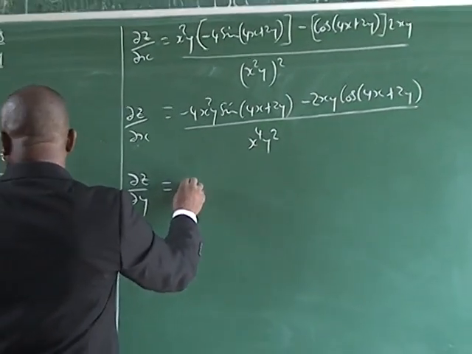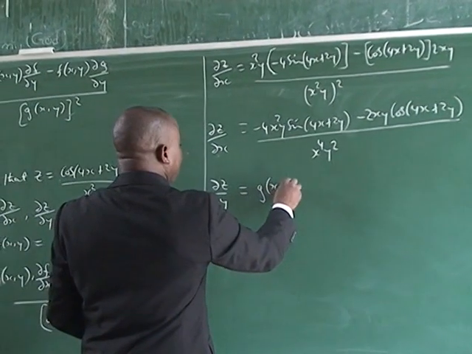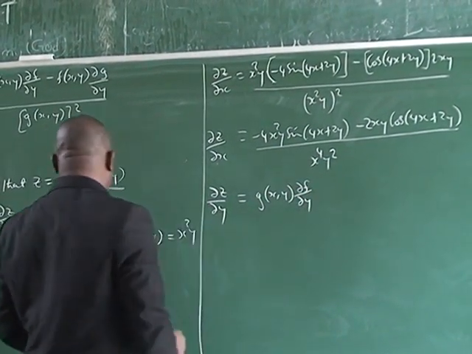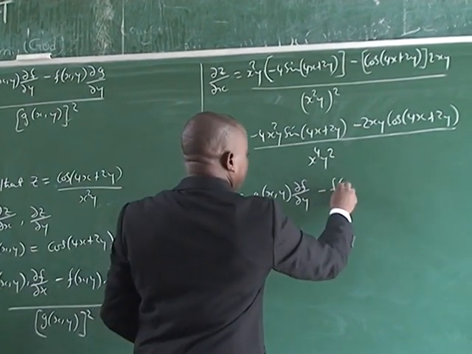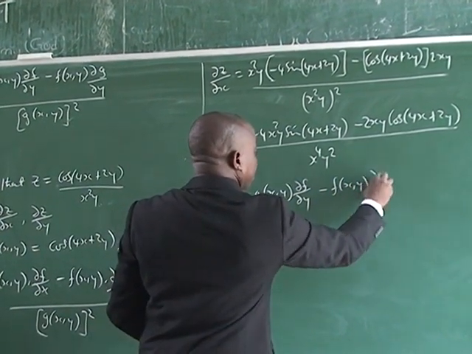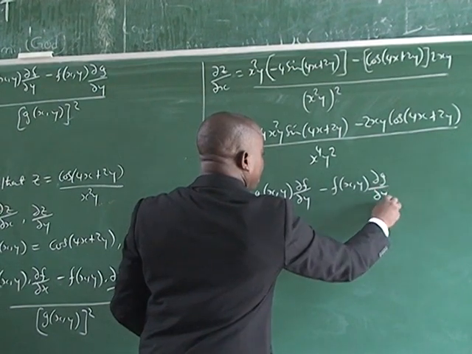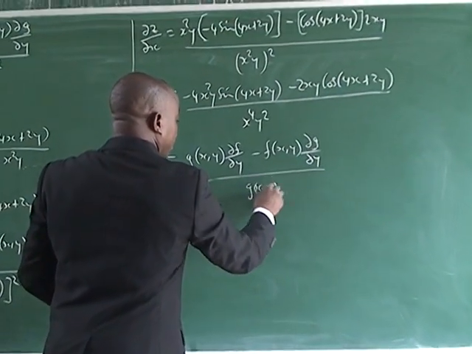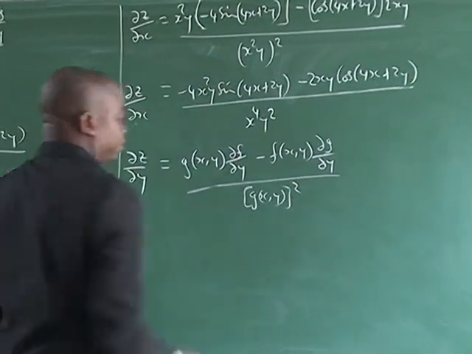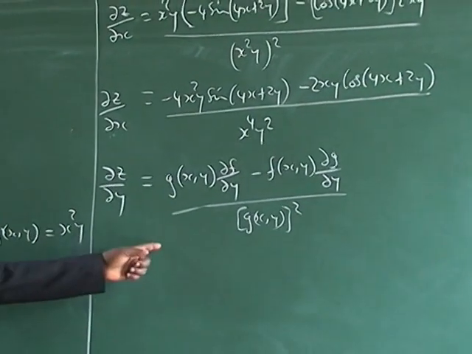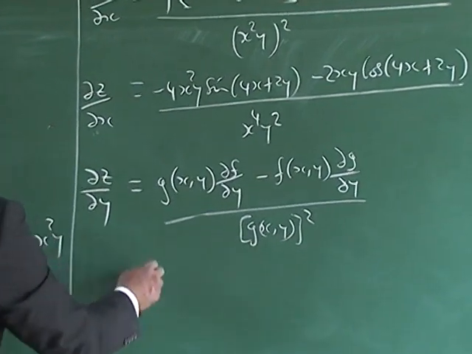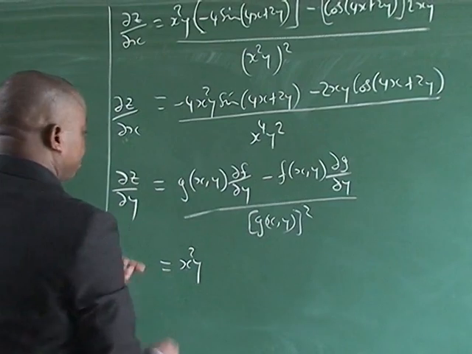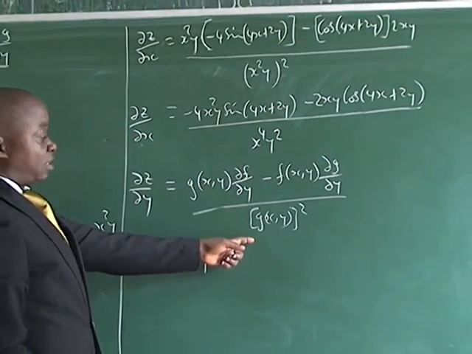We have g of xy, then partial f partial y minus f of xy partial g partial y over g of xy squared. And if we do that, we know that this will be the same as keeping x squared y. We are keeping the downside here of xy.